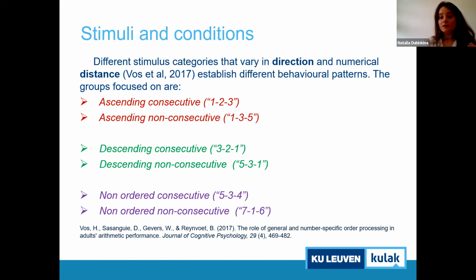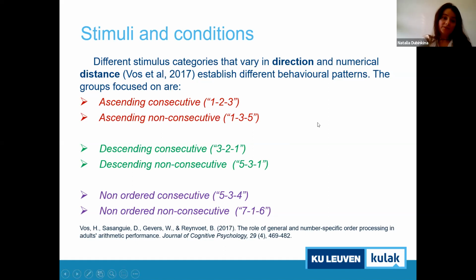One of the most important parameters is direction and the distance between digits. Direction can be ascending, examples marked in red, descending, or non-ordered.